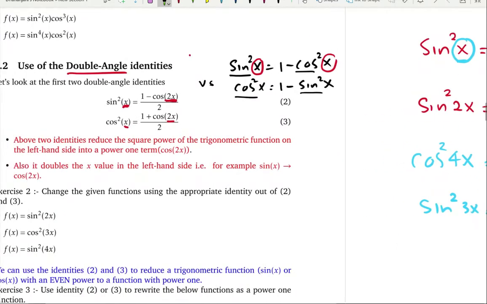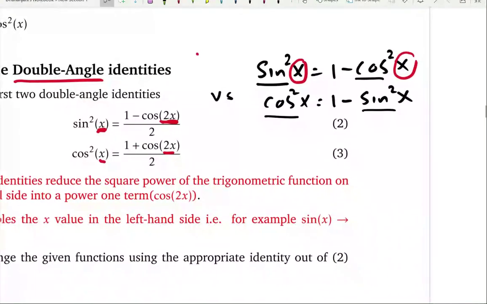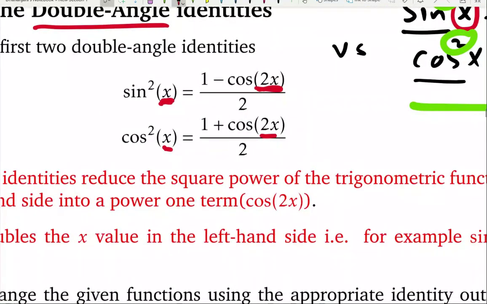The other thing is, if you compare this with Pythagorean identities, remember I said in Pythagorean identities the power doesn't change. Always you have a square. You change between squares, you change only the trigonometric function. The power remains unchanged. Now in double angle identities, as you can see, this square goes to the power 1.